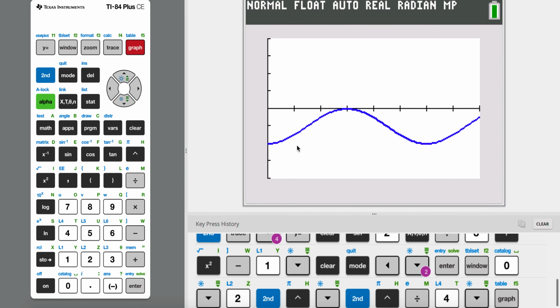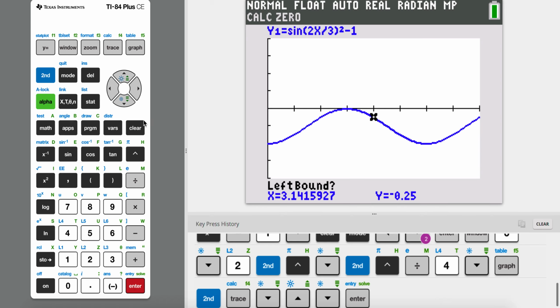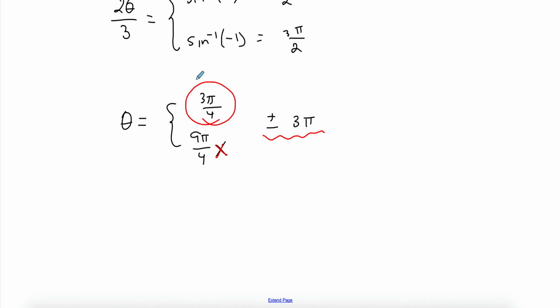So if I graph this, we want to know when it is equal to 0, and this is precisely when it's equal to 0. So if I go second, calculate, zero, I want to know where it intersects, where y equals 0, and that's x equals 2.356, which is the decimal value of 3 pi over 4.